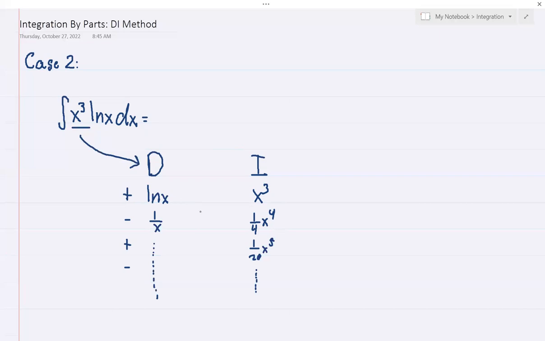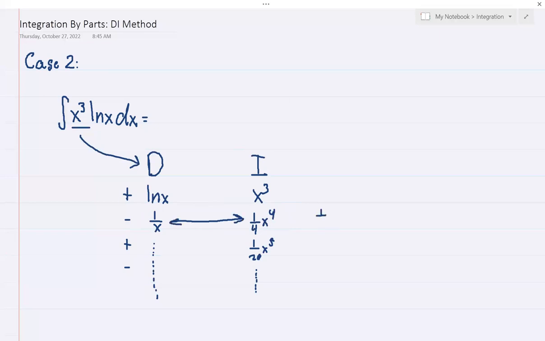Now, here's the thing. As you can see on the second row, we get the derivative of your ln of x, and in here, we get the integral of your x cubed. So this is the first row where we differentiate the ln of x and integrate x cubed. So, can you integrate these two after you multiply them? Try to multiply these two and integrate them.